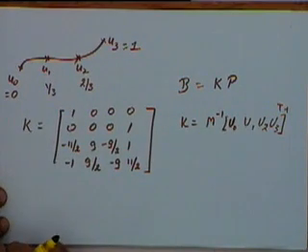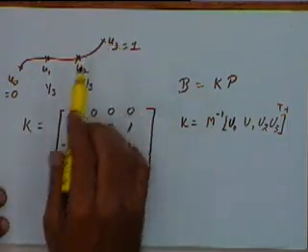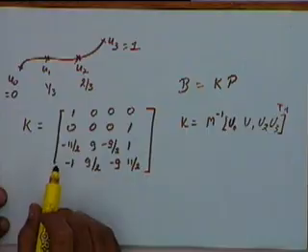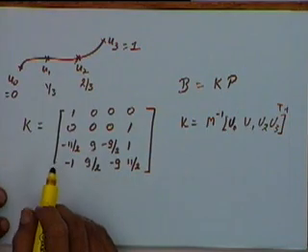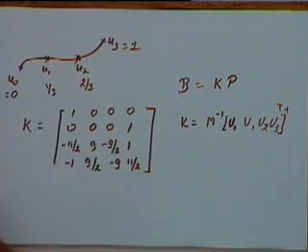This is for the specific case where u0, u1, u2 and u3 are equally spaced. Any questions up to this point?